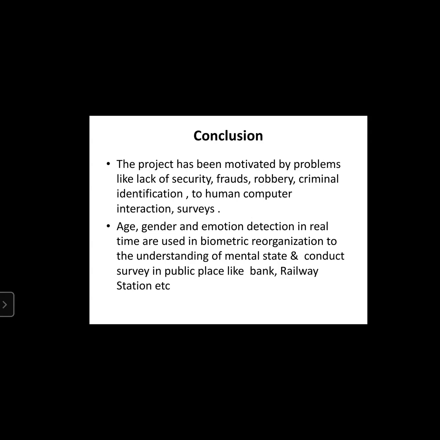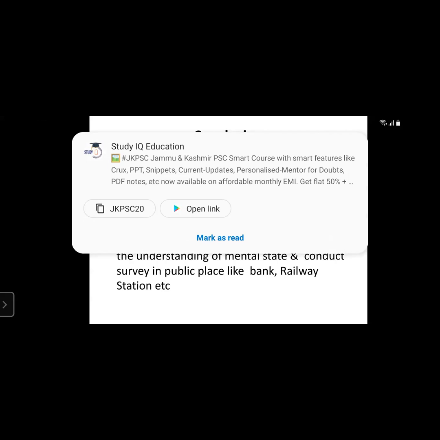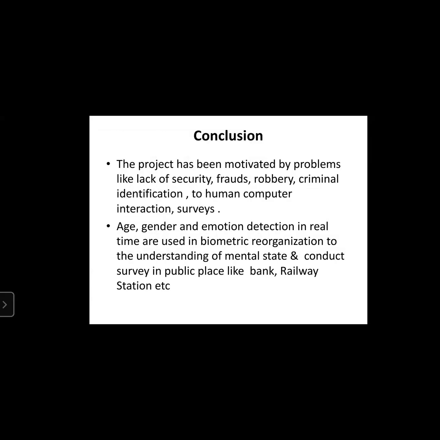Finally, we want to conclude that our project has been motivated by problems like lack of security, fraud, robbery, criminal identification, human-computer interaction and surveys. Also, gender and emotion detection in real time are used in biometric recognition to understand and conduct surveys in public places.